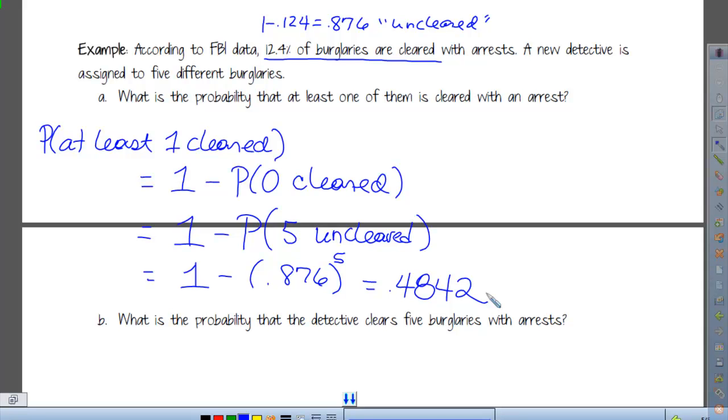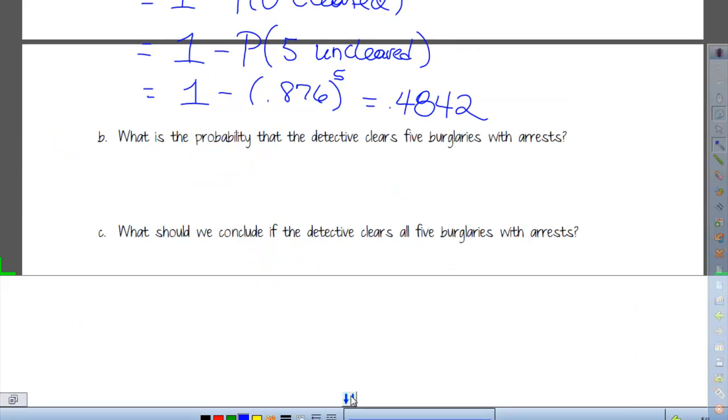All right. What is the probability? We already, I think, found this. Maybe not. What is the probability that the detective clears 5 burglaries with arrest? Okay. How are we going to solve that? We'll go back.